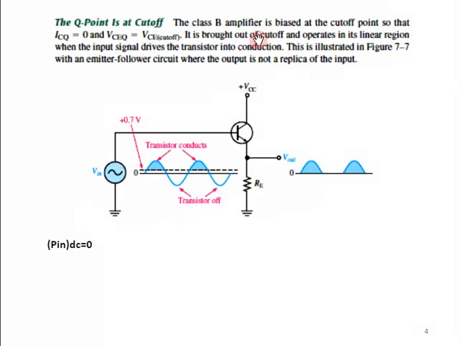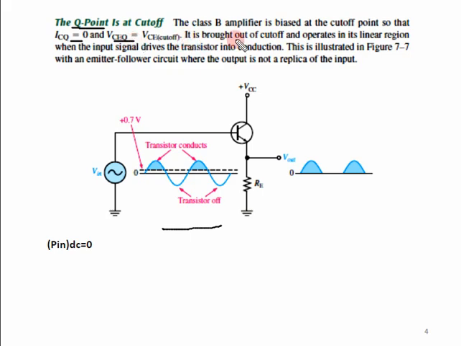Now this slide shows the working area, or the region of operation, of the class B amplifier. It says that the Q point is at the cutoff. It means that the operating point of the class B amplifier is at the cutoff, so that ICQ is 0 and VCEQ is at the cutoff.